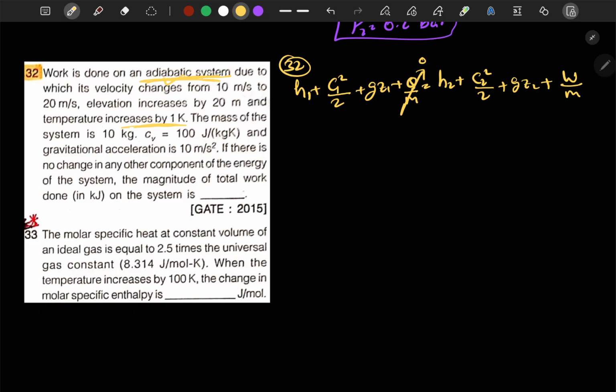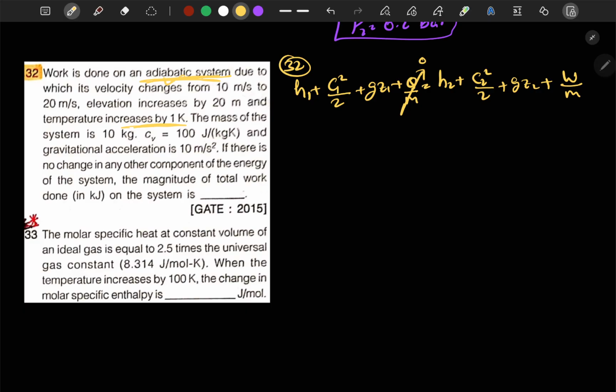So H2 minus H1, so here we can see that H2 minus H1 will be 1 Kelvin. So we can transfer the data here.